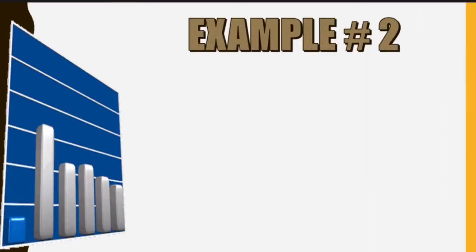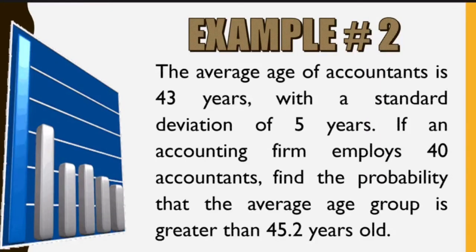So let's have another example. The average age of accountants is 43 years with a standard deviation of 5 years. If an accounting firm employs 40 accountants, find the probability that the average age is greater than 45.2 years old.